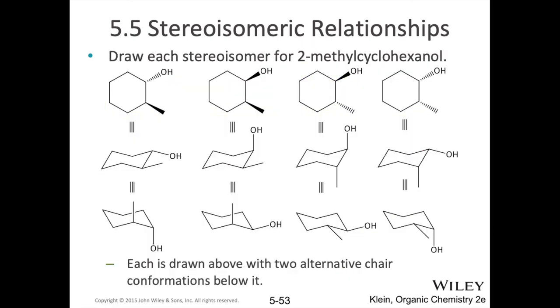So with that in mind, here are the combinations with the 2-methyl cyclohexanol, where we can see how to arrange our OH group and our methyl group and see how many different ways we can do that. For example, here on the left, we have our alcohol group pointing away from us. You could think of it pointing downwards.